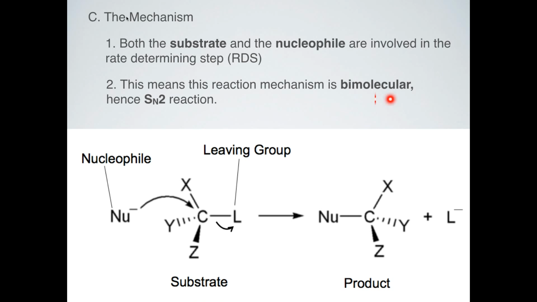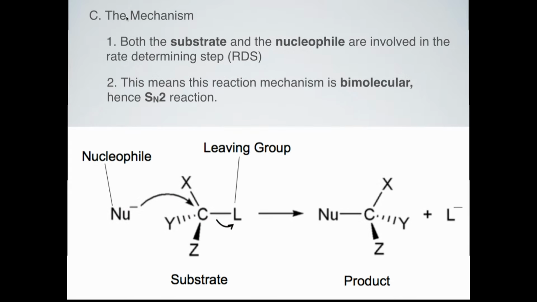It is bimolecular, which is where the 2 in SN2 comes from. And so again, the mechanism is you have your nucleophile. There's a backside attack. This forms an intermediate there where you have this bond forming and this bond breaking at the exact same time. And then at the very end, you're left with your leaving group all by itself and you have your product. That's the mechanism.